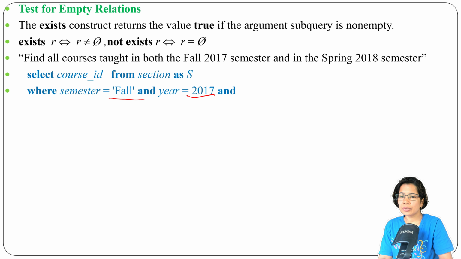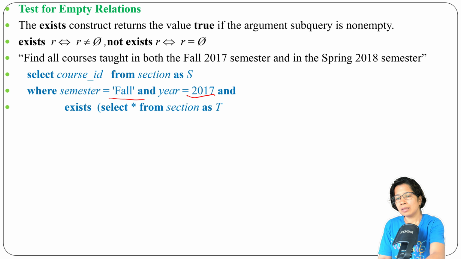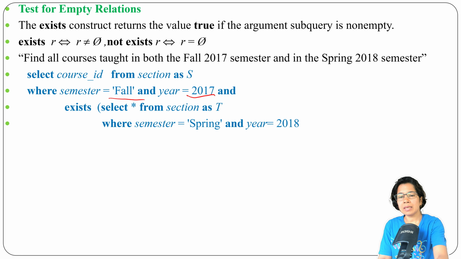It will give course ID from section of fall 2017 semester. Then exists, inner subquery: select star from section as T, where semester equals spring and year equals 2018, and S.course ID equals T.course ID. S for outer subquery, T for inner subquery.